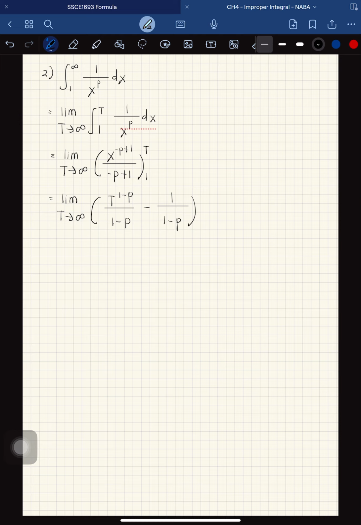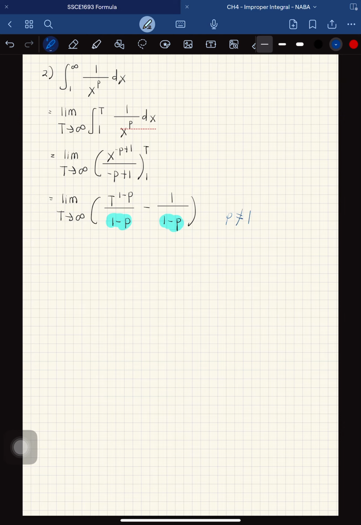As t approaches infinity, we need to find the value of p. Because of the denominator 1 minus p, p cannot be 1.